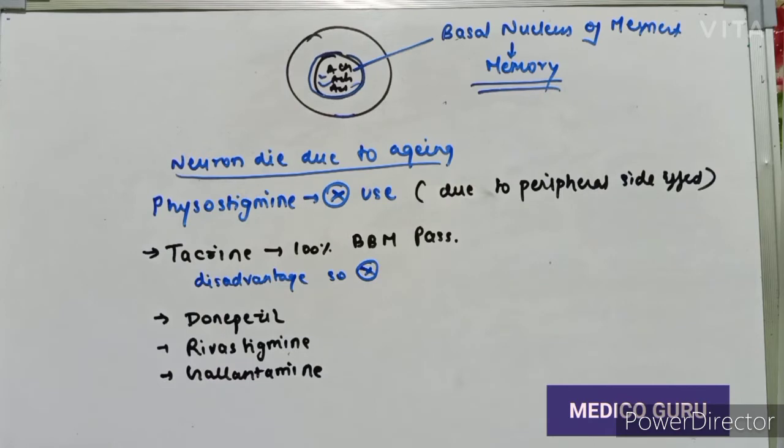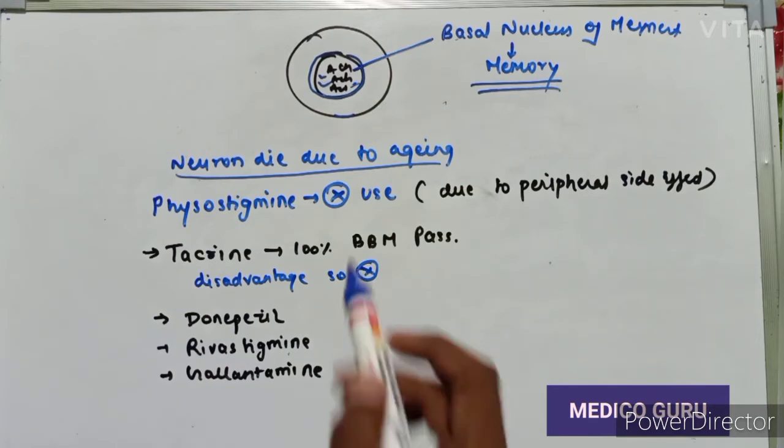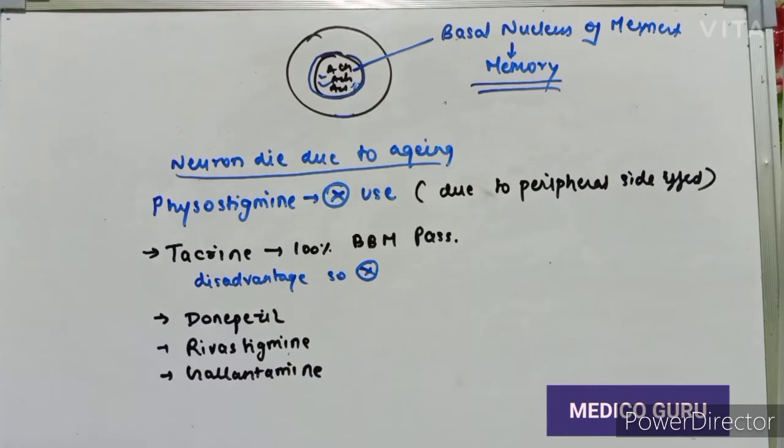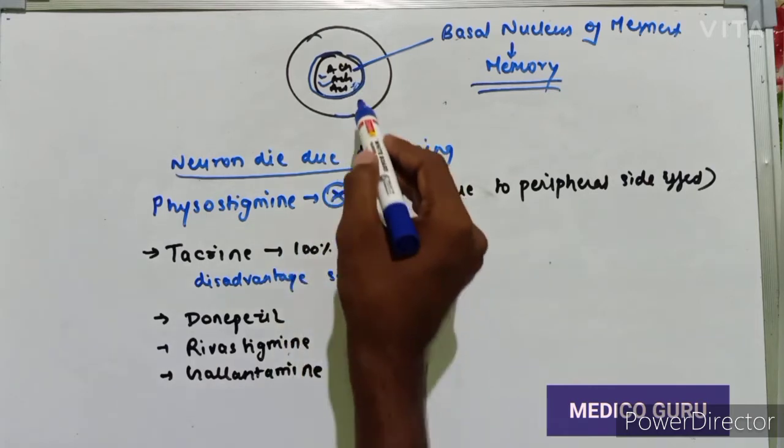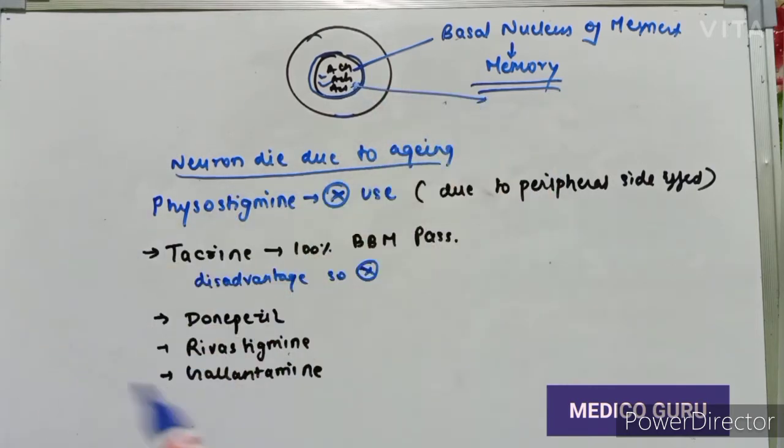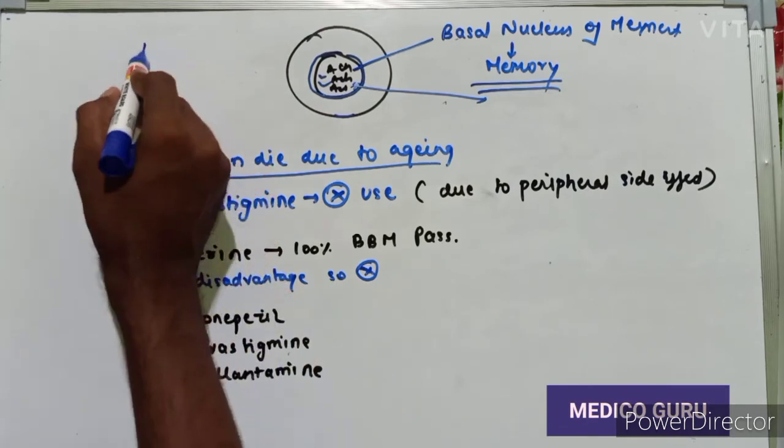As a person gets older, neurons die and acetylcholine decreases. So if we want to increase memory, we have to increase acetylcholine. Due to the decrease of acetylcholine, memory loss occurs, and we call that dementia.